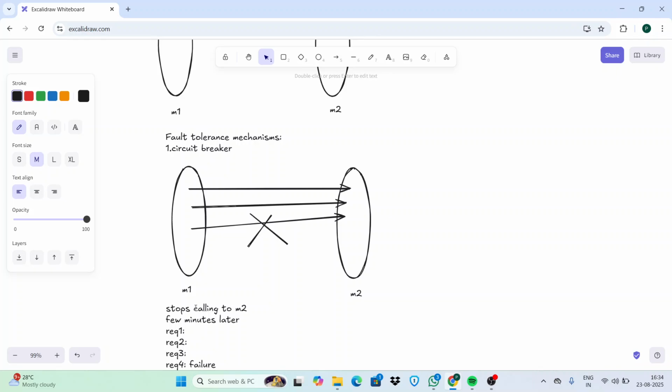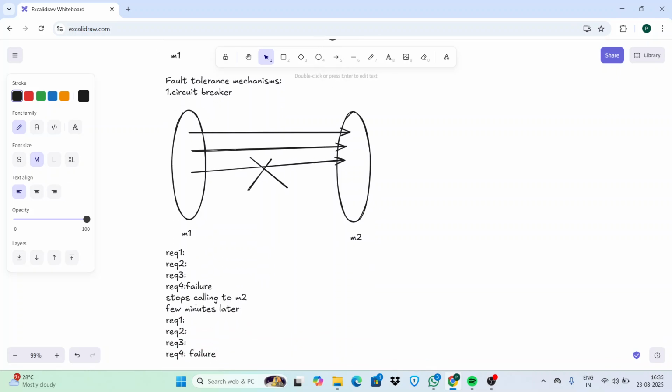So again after some time, M1 raises a request to M2. If the response is coming, that means yes, it is a success. But if the response is not coming, it considers it a failure and alerts the client to wait for some time: the service is busy, so wait for some time. So this is the circuit breaker concept in design for failure.